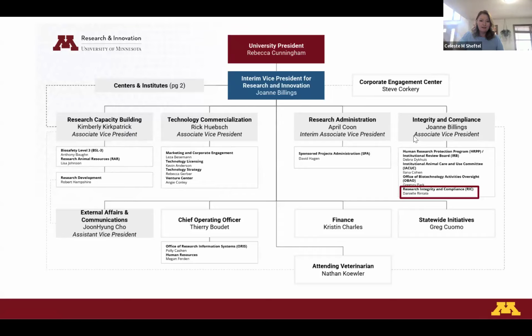Joanne is still the AVP for Research and Compliance, which has the IRB, the IACUC, the IBC, as well as the Research Integrity and Compliance Group, or RIC.